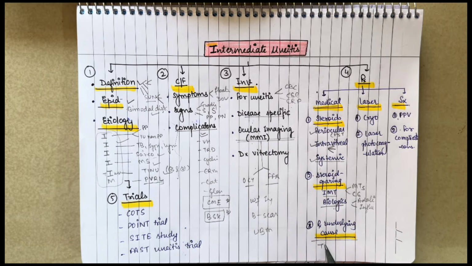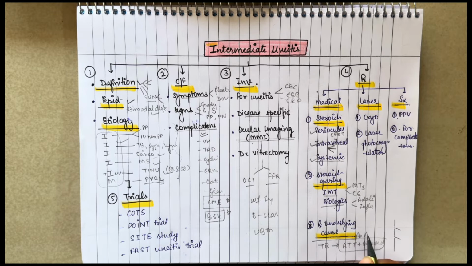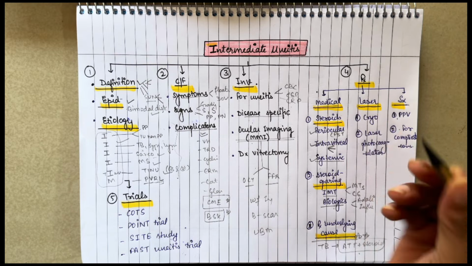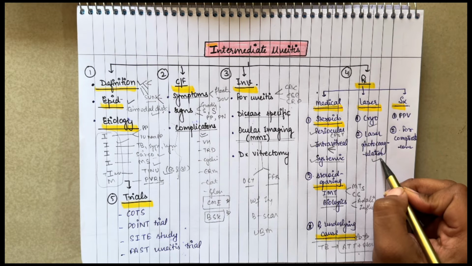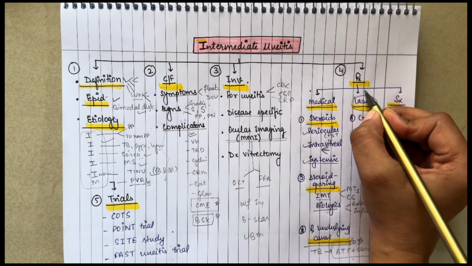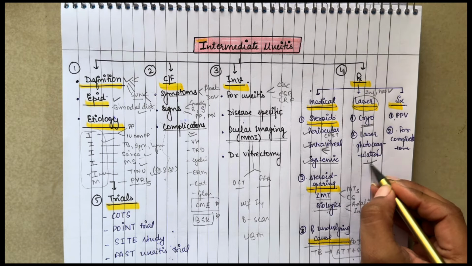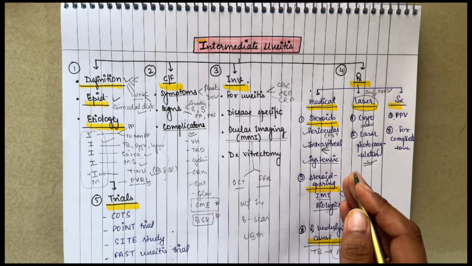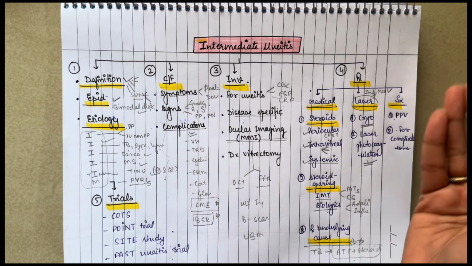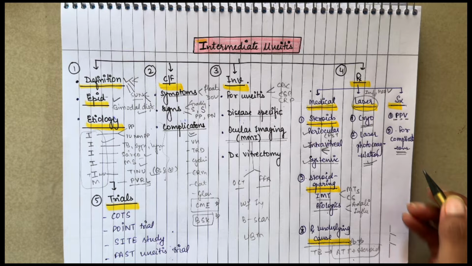And you treat the underlying cause, in which TB is very important: you give steroids only and only under the cover of ATT. Remember. Then laser, cryotherapy and laser photocoagulation. If you want to control the inflammation and neovascularization, you go for cryotherapy or laser photocoagulation. And if all this fails, you go for surgery like pars plana vitrectomy and surgery for complications.